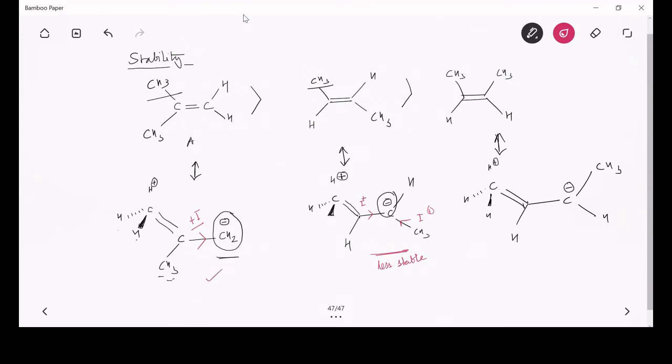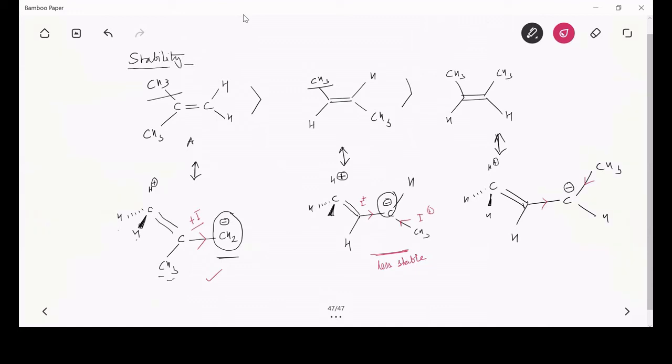The same will also happen for the third alkene. Here also we have 2 plus I effects active on the same carbanion, which means the stability due to the plus I effect will be lesser. So the stability of this carbanion will be lesser because of the presence of 2 plus I effects.